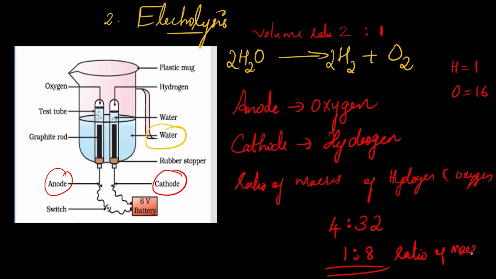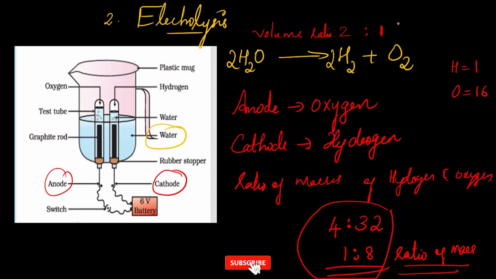Why am I specifying this? Last year, the same question was asked as an MCQ. It was the first question in some set paper. Students who were not aware of the mass and volume difference all answered this question incorrectly, because the mass ratio is 1:8, and the volume ratio, hydrogen to oxygen, is 2:1.